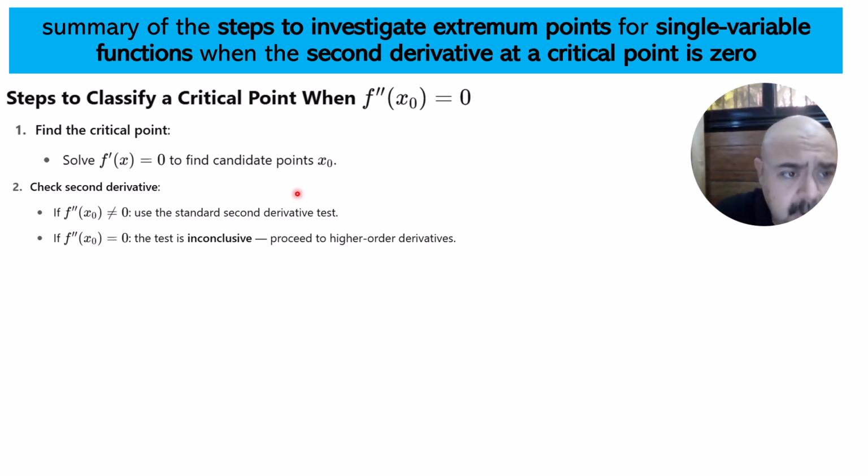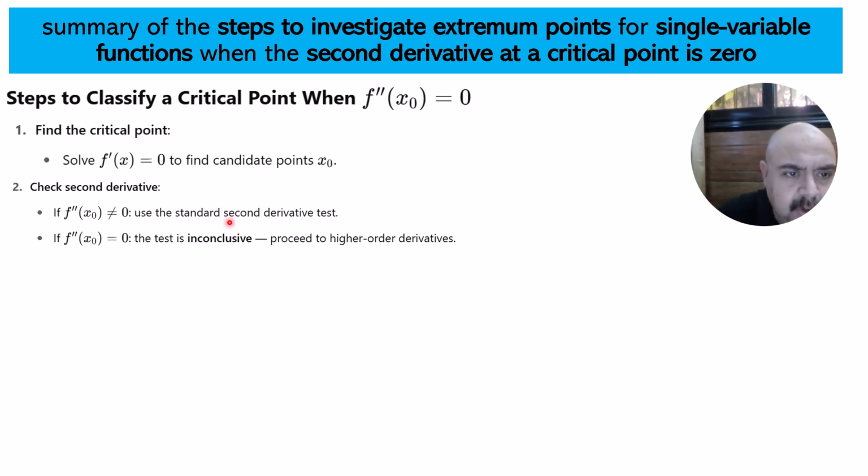Step number two, let's check the second derivative. If f double dash x doesn't equal zero, which is very, very good, then our problems will be solved. At this point, we substitute the critical points into f double dash x. If the result is greater than zero, then you will have a minimizer.